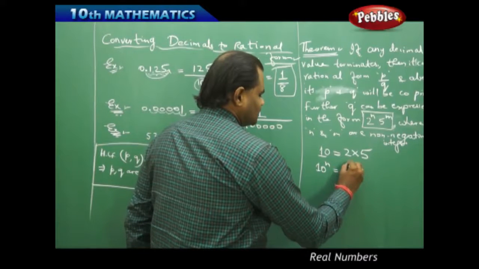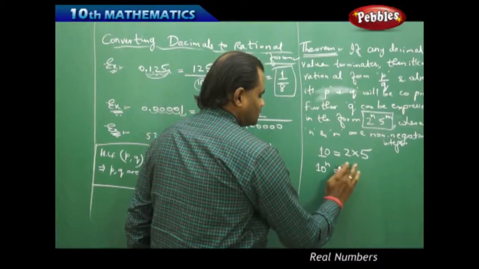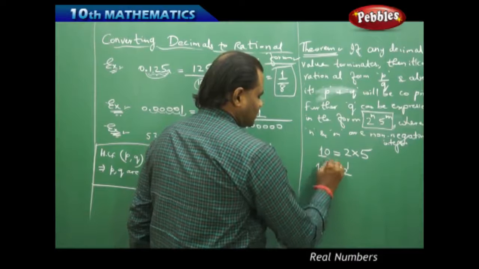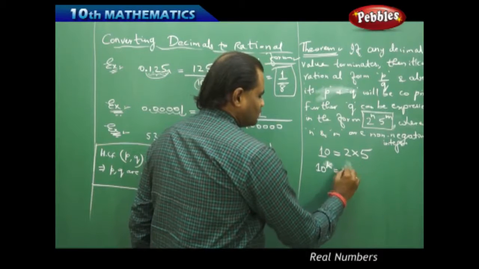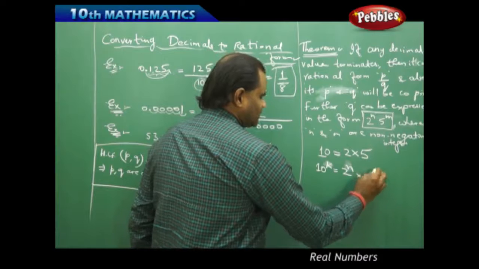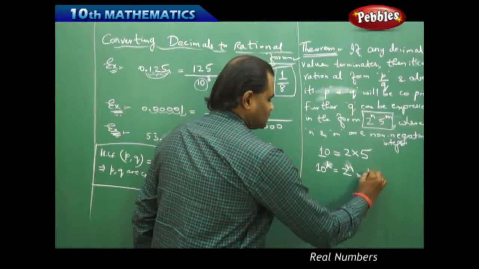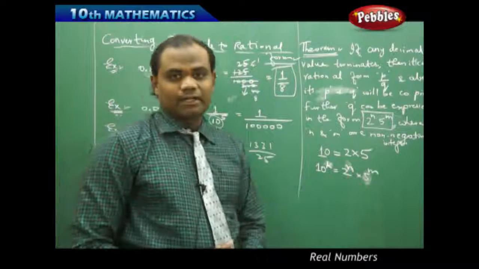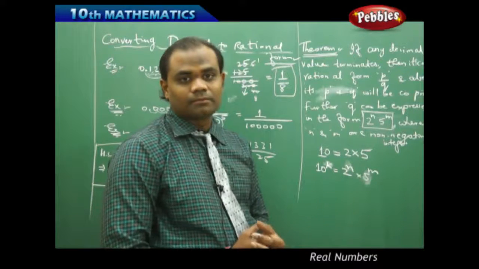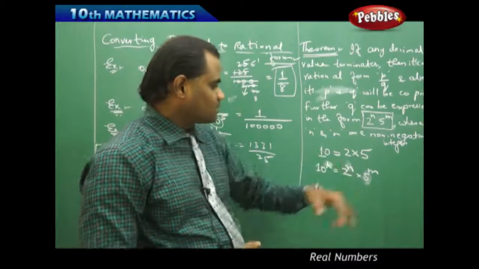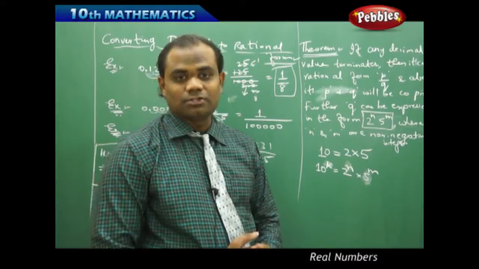If I have 10 power k, then this 10 power k can be written as 2 power n into 5 power m. So 2 power n into 5 power m is how I can express 10 power k, as can be clearly seen in case of 10 being with factors 2 and 5.